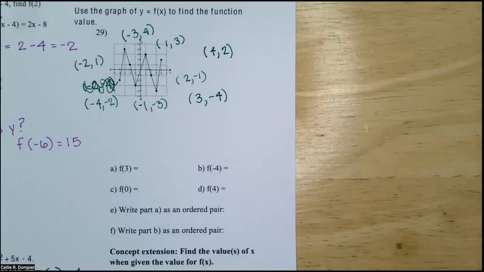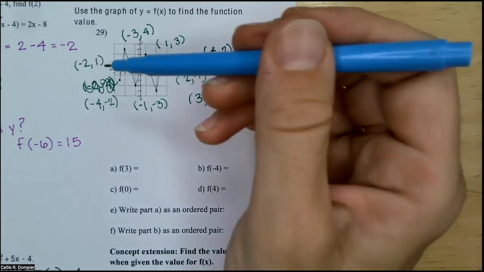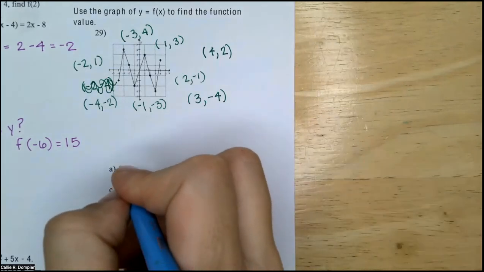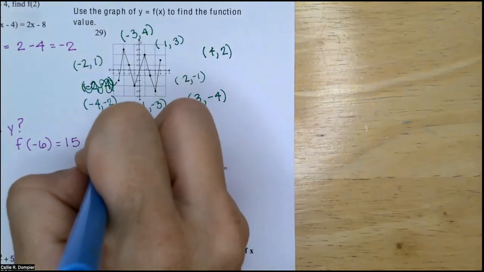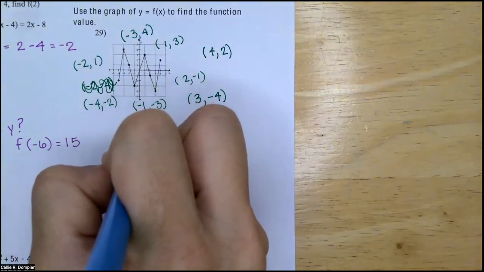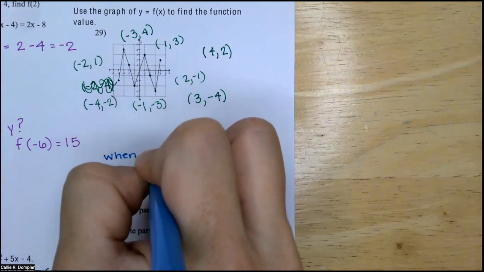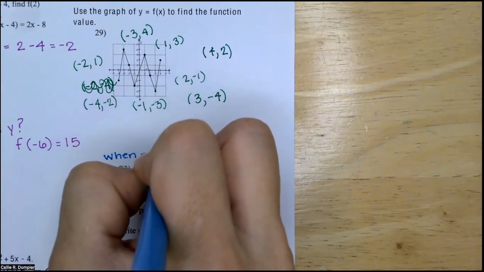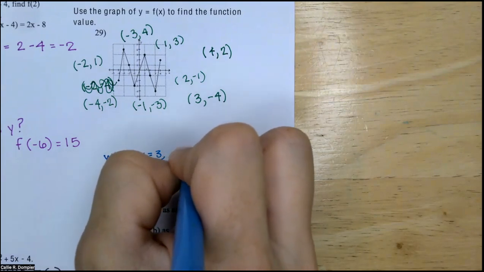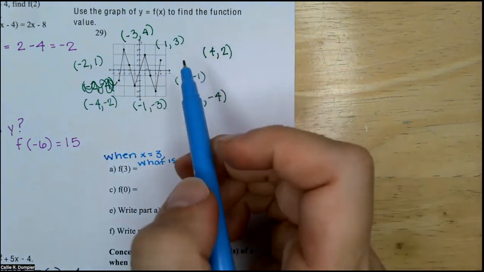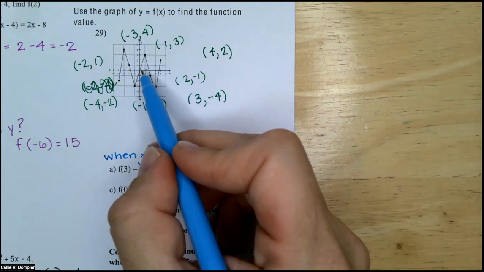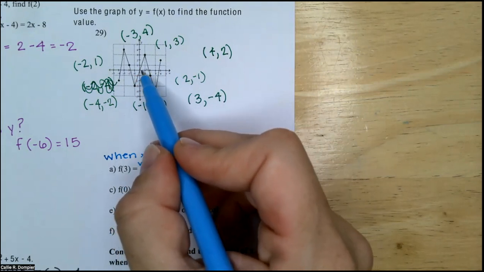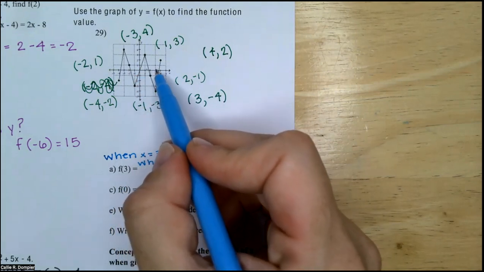All right. I added the points. I tried to label the points, but f of 3 equals is just like asking us when x equals 3, what is y? Okay, so x equals 3 is going to be on 1, 2, 3, right?